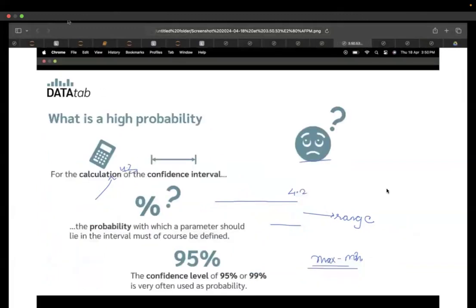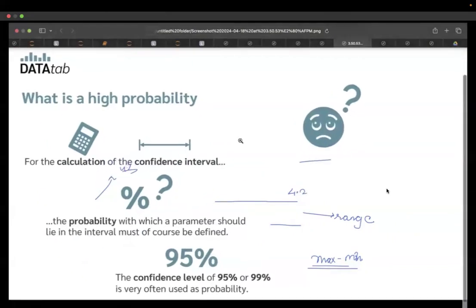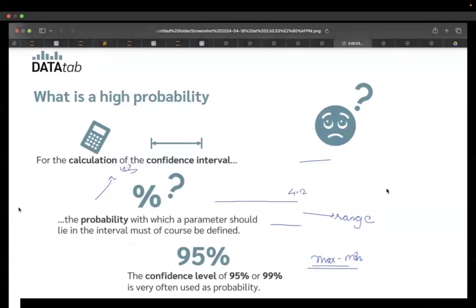Now, what is the high probability? This is something to understand. When I say high probability, what does it mean? For the calculation of the confidence interval, guys, let me tell you, you don't need to calculate this manually. Point number 1, we have StatPy.